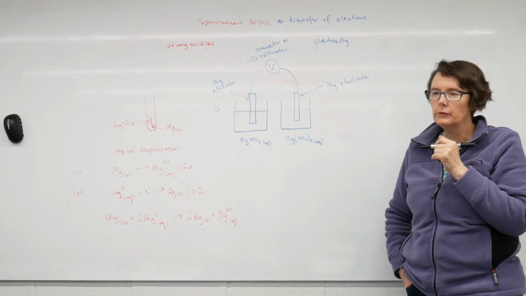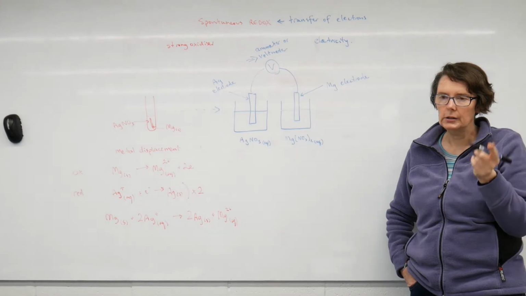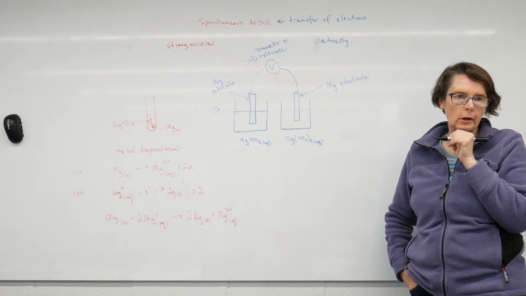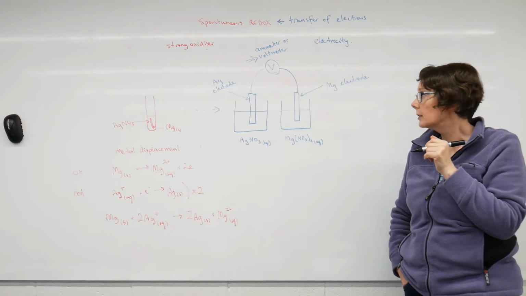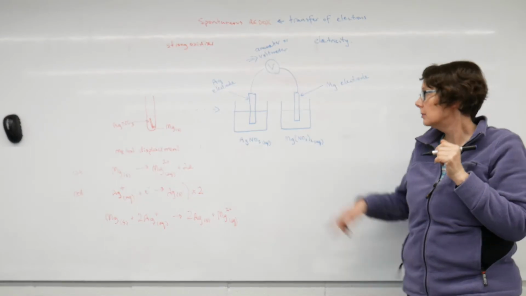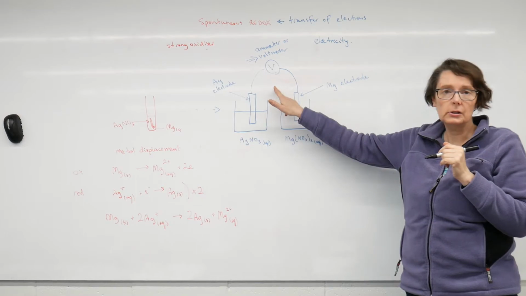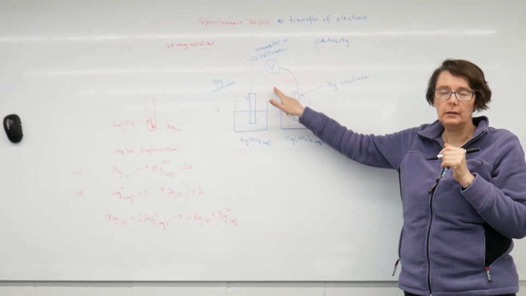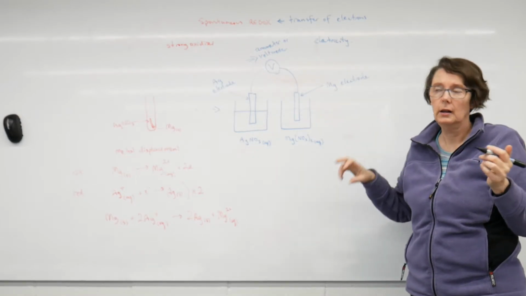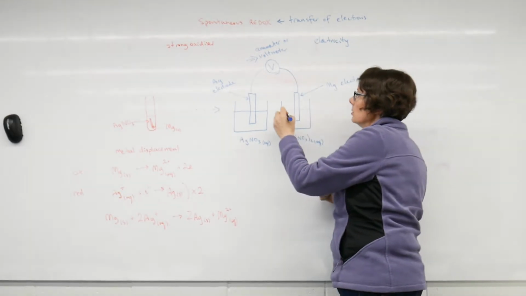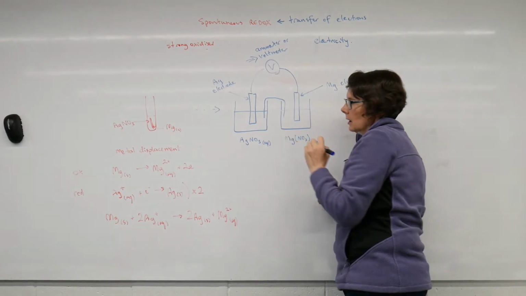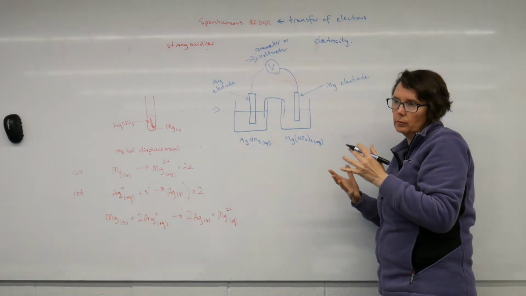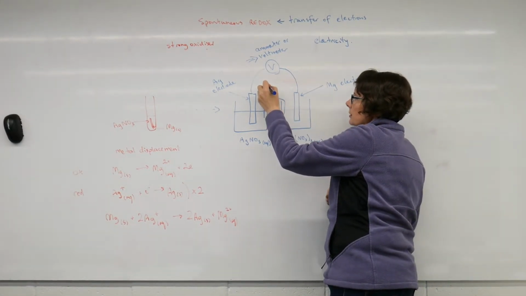What do we need for a circuit to work? To be completed. Yeah. So at the moment, the two beakers are separated and they're not joined together, and so we need to join the beakers together with what we would use as a salt bridge.